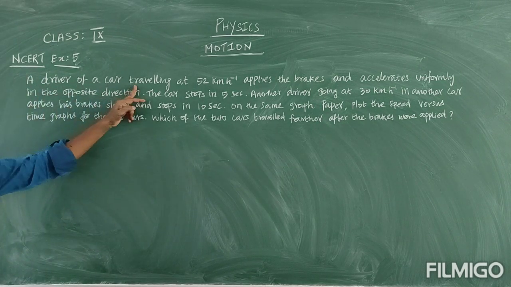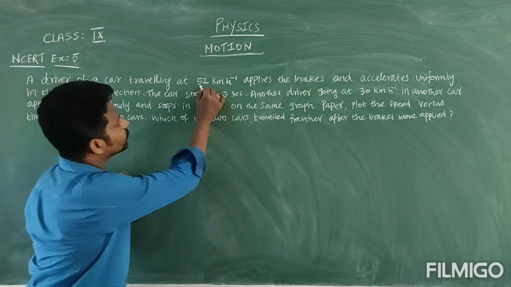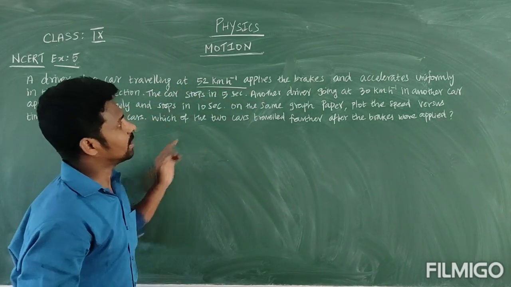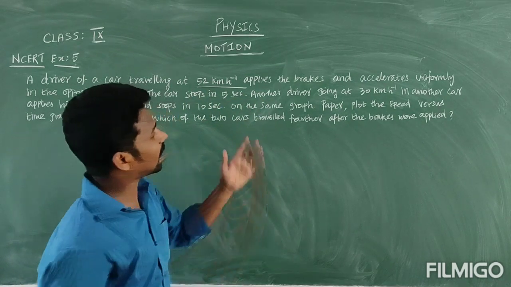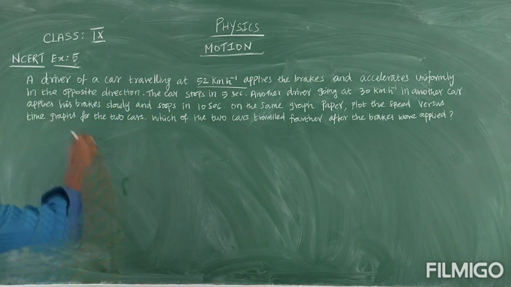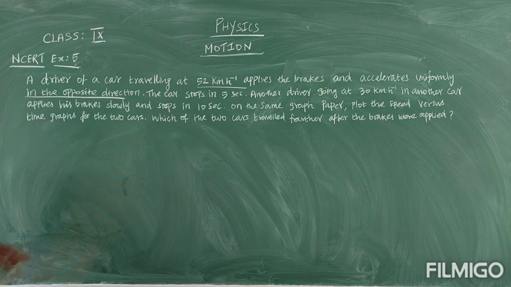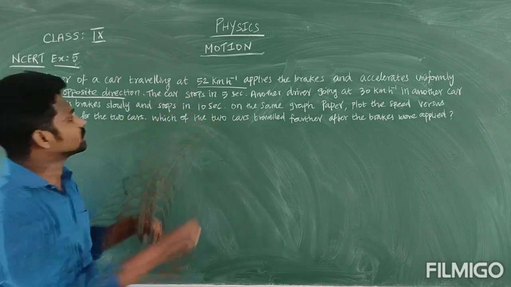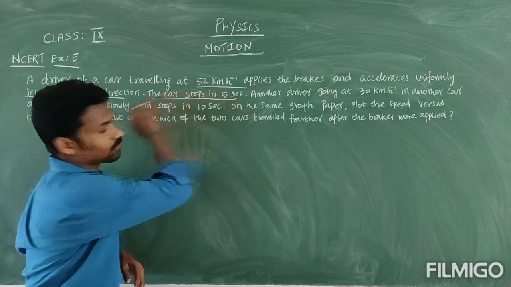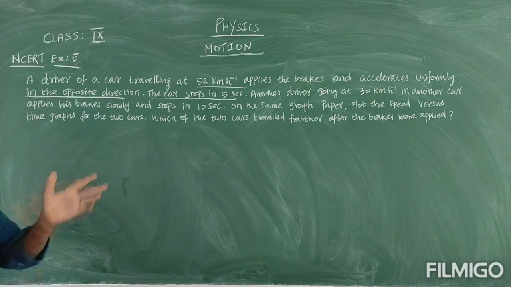A driver of a car traveling at 52 km per hour applies the brake and decelerates uniformly in the opposite direction because he applied the brake. The car stops in 5 seconds after applying the brake.